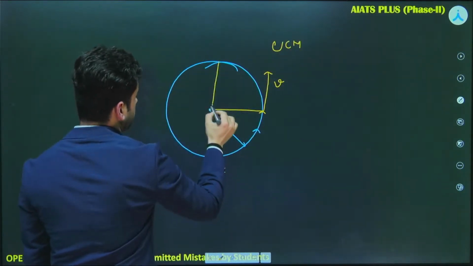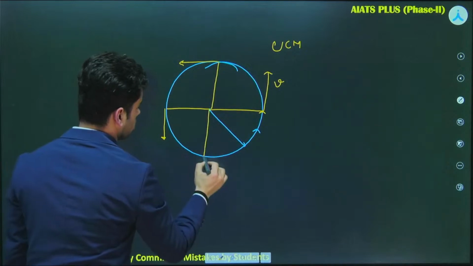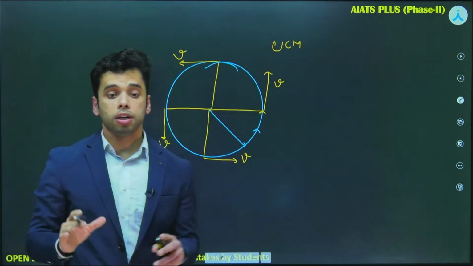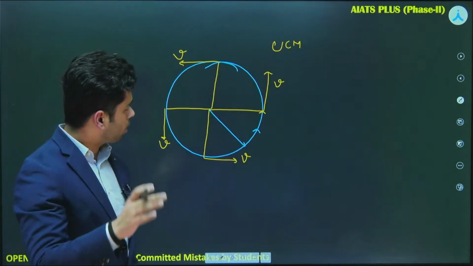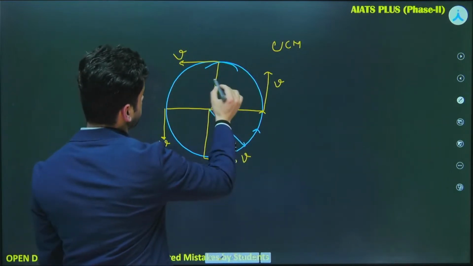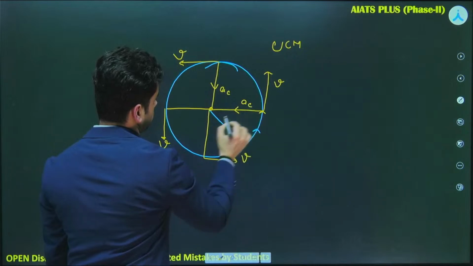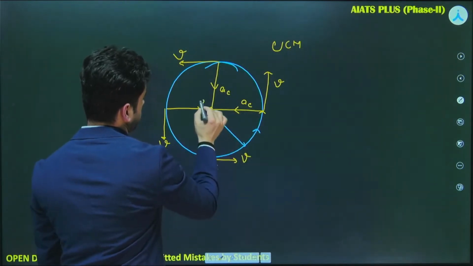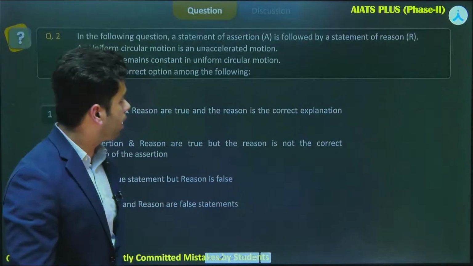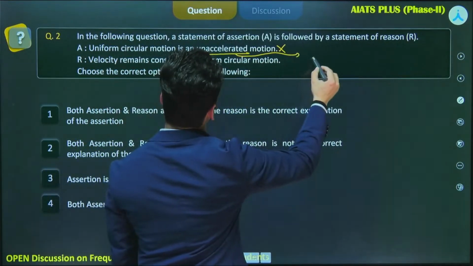At this point the velocity will be in this direction, and at this point in this direction, V, V, V. Now, dear students, you can very well see that the magnitude is the same, but the direction is changing, and the acceleration responsible for changing the direction is centripetal acceleration. So obviously, uniform circular motion is an accelerated motion, not an unaccelerated motion. So this one is wrong because it should be accelerated.